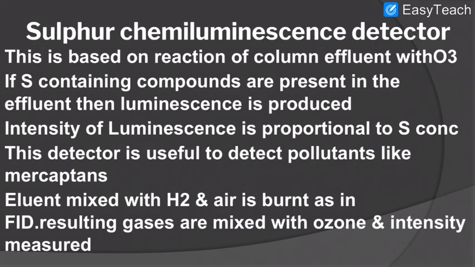Now the resulting gases are mixed with ozone, and they give chemiluminescence, and the intensity of that chemiluminescence is measured. So the sulfur chemiluminescence detector is mainly useful for detecting sulfur compounds.